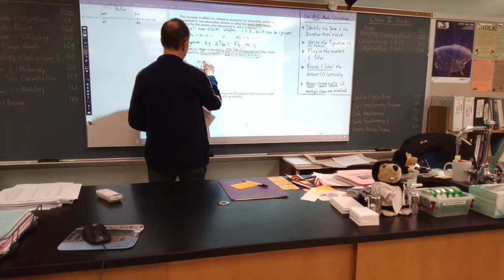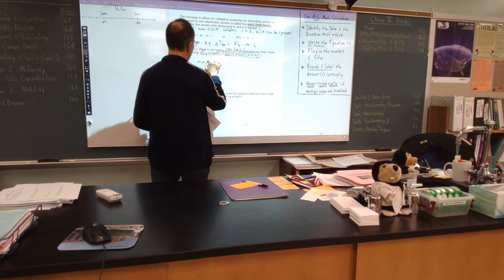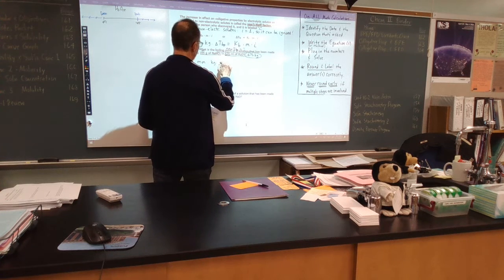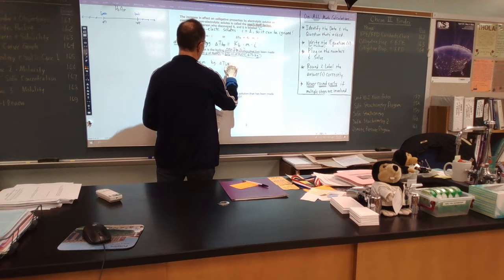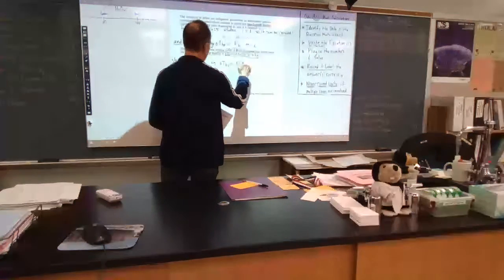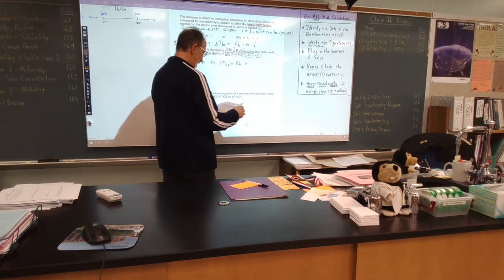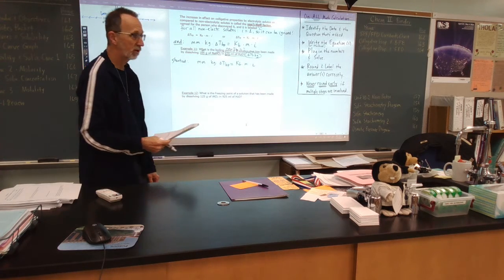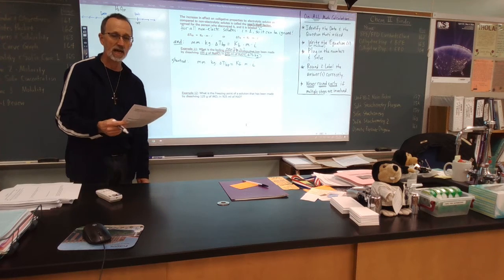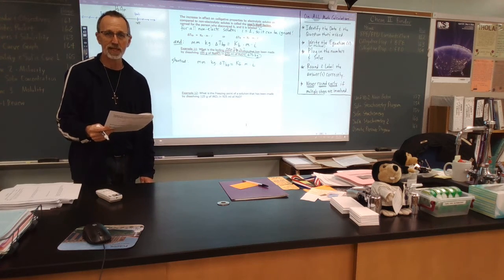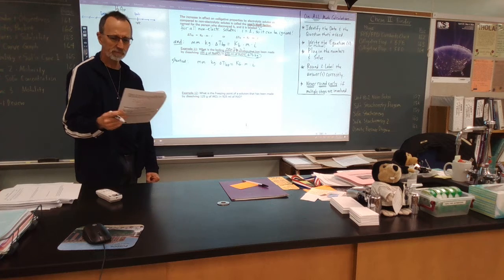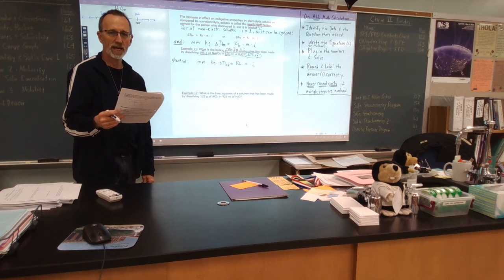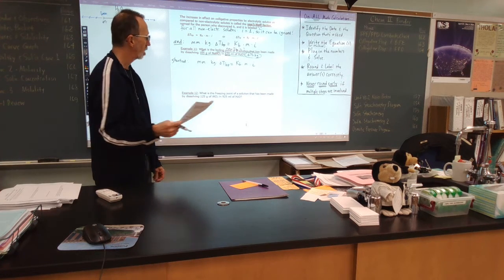So the molar mass of our solute times the kilograms of our solvent times the change in the boiling point here would be equal to Kb times the mass of the solute times i, the van 't Hoff factor.